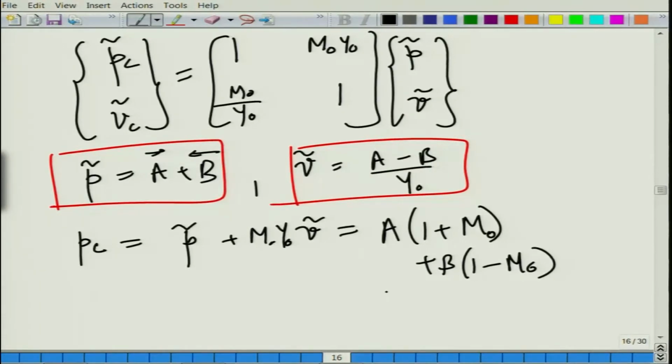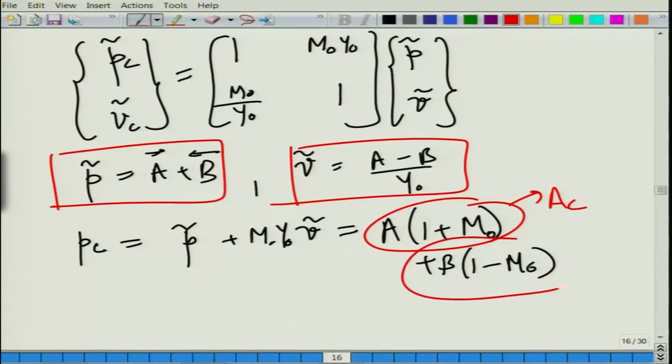So, now here is an opportunity to define yet another variable, calling this as AC, and this guy as BC. Okay. So, we've got this.